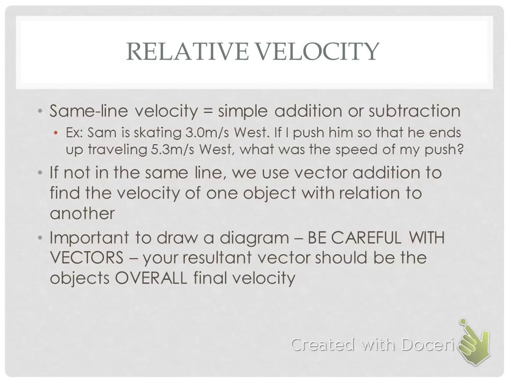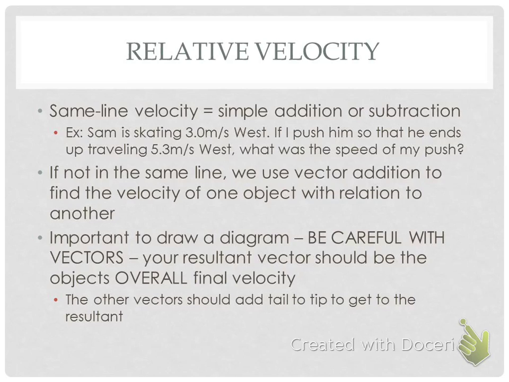When we draw these diagrams and do relative velocities using vector addition, it's extremely important to have a diagram. Say he went this way first, and then he went east, and then this is his result. Relative velocity problems are sometimes worded a little funky, so we have to know what the resultant is, and we have to know how to correctly draw that diagram to be able to view our resultant correctly.